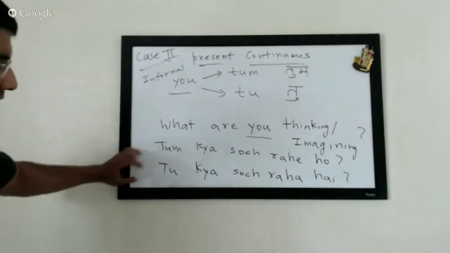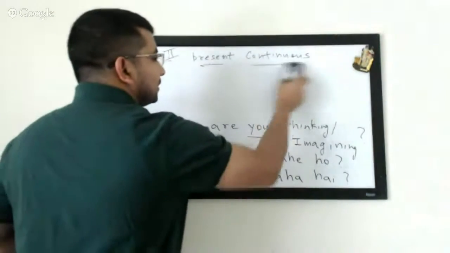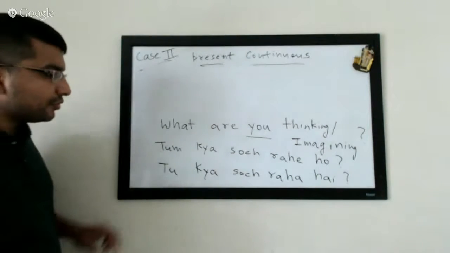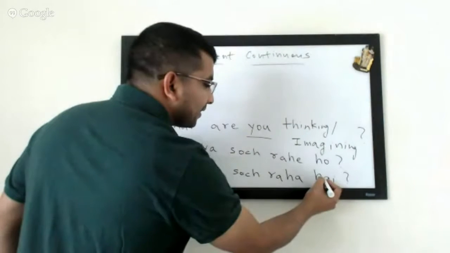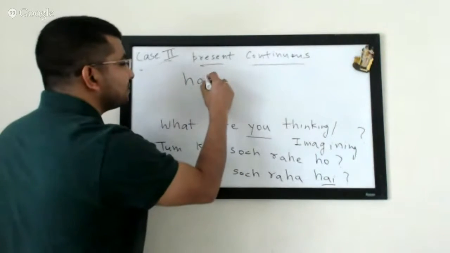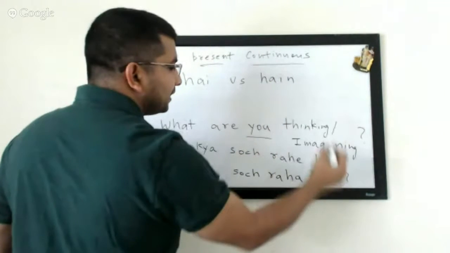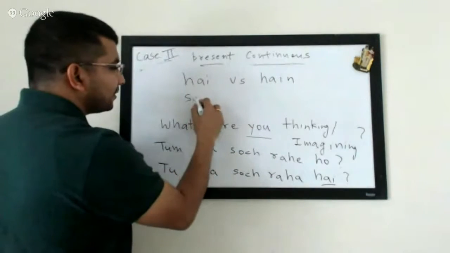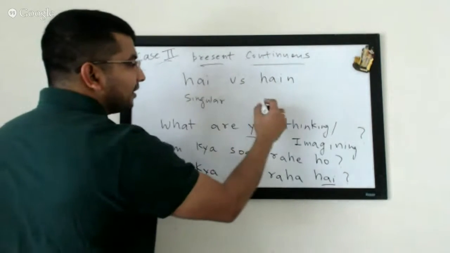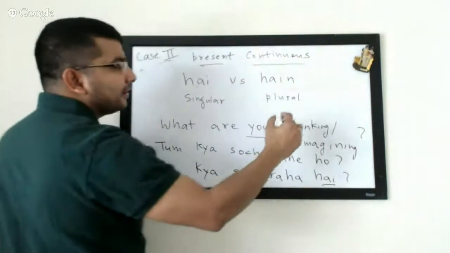Okay, I'll write down both of them in Devanagari as well, so you can practice those two scenarios as well. But just to repeat it, remember we use hain versus hai in the end. So when it is singular, you use hai, just hai. When it is plural, you use hain.